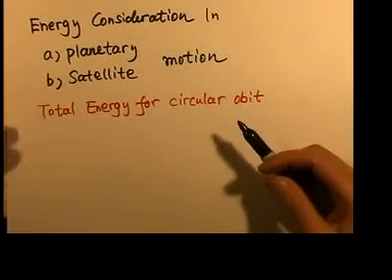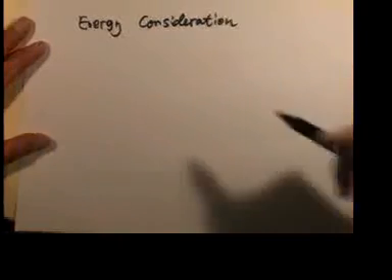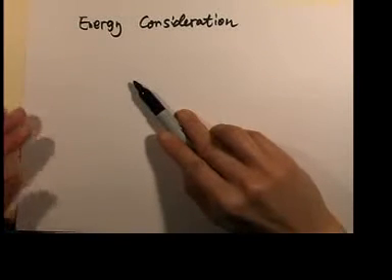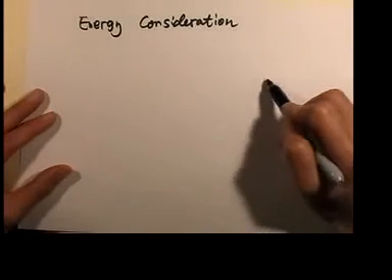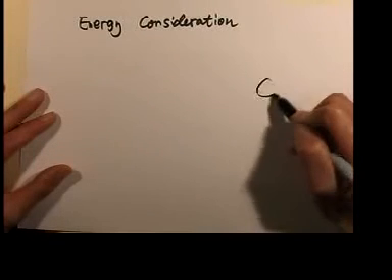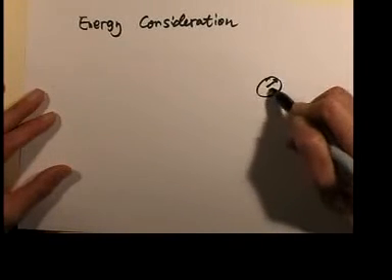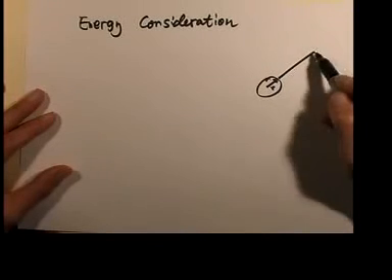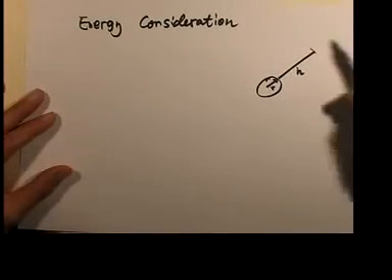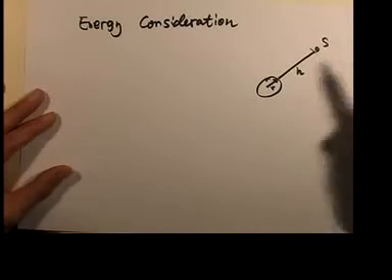So let's talk about energy. Let's have an energy consideration of planetary and satellite motion. Imagine that this is Earth, and that is the radius of the Earth, and we have a satellite which is h meters above the surface of the Earth. That's a satellite.